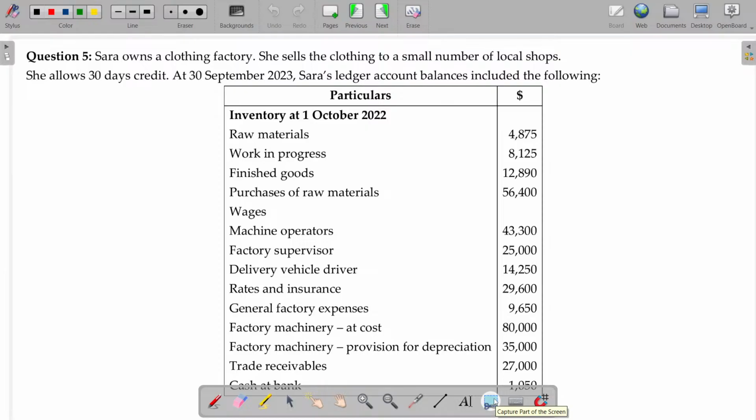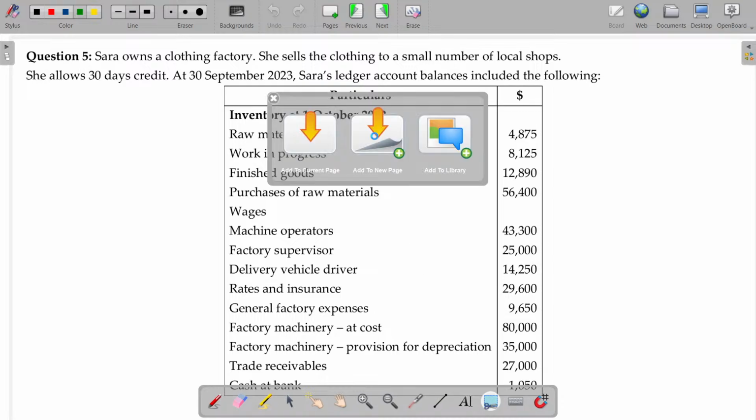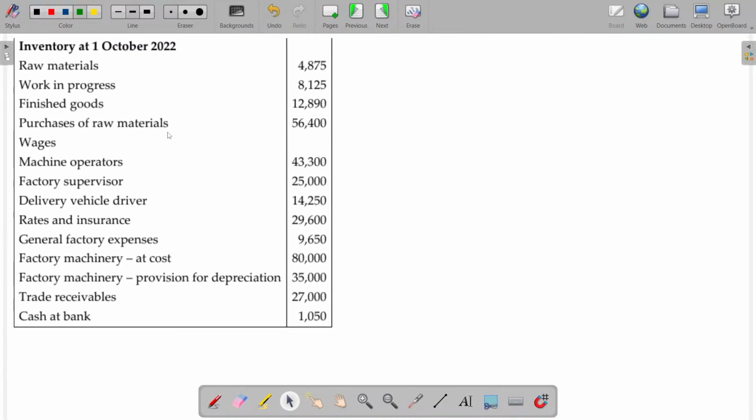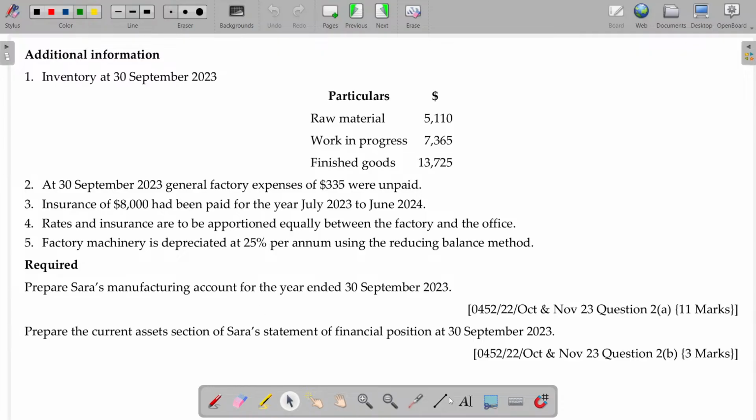She sells the clothes to a small number of local shops. She allows 30 days credit. On 30th September 23, Sarah's ledger account balances included the following. So these are the balances given in the trial balance, means ledger accounts. And we have been given the closing inventories also.